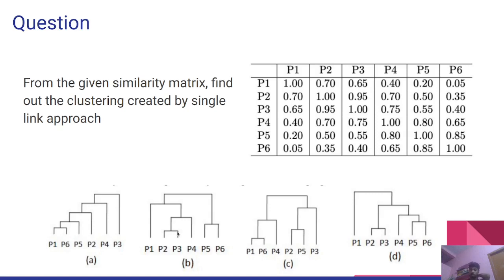So there are basically two options here, because P1 P6 they are same. Similarly P2 P3, they are same, right?